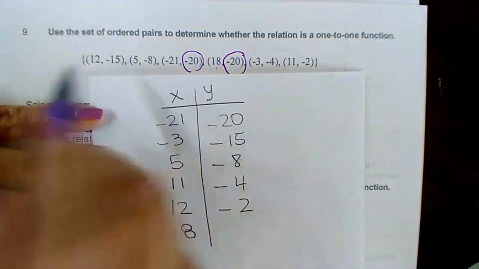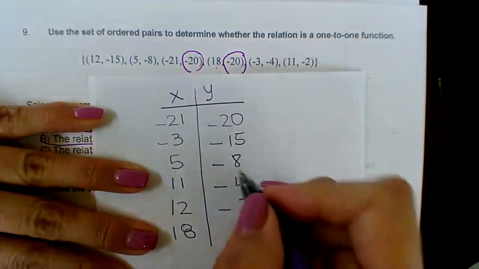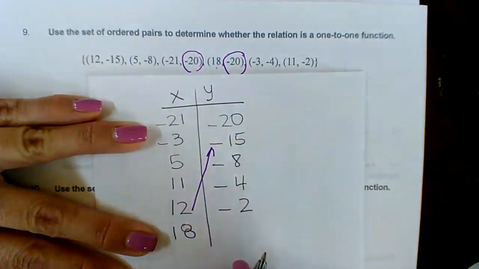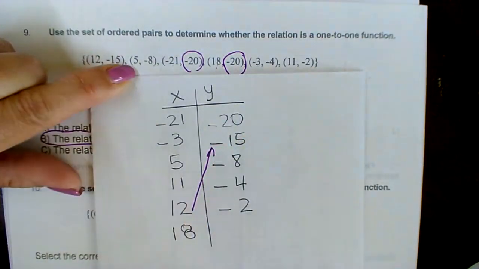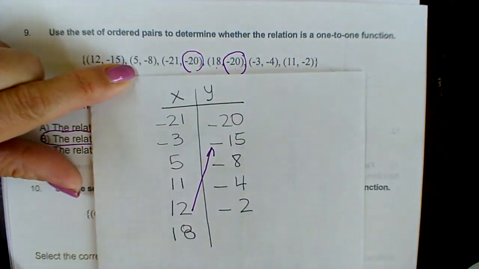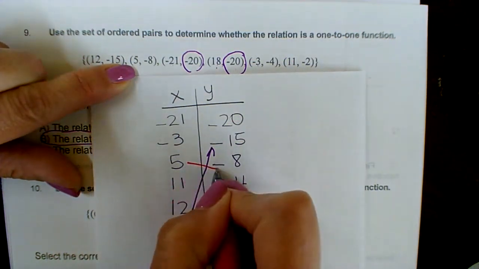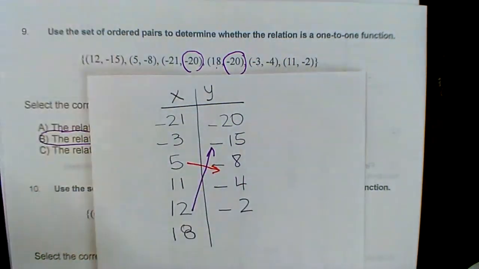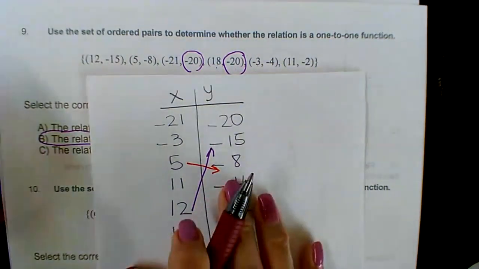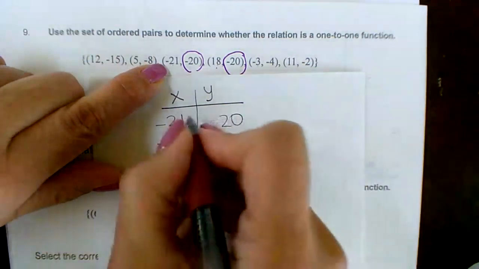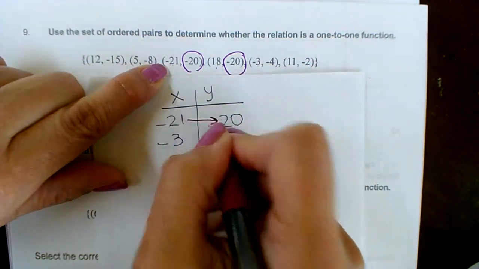So let's start. 12 goes to negative 15. 5 goes to negative 8. Negative 21 goes to negative 20.